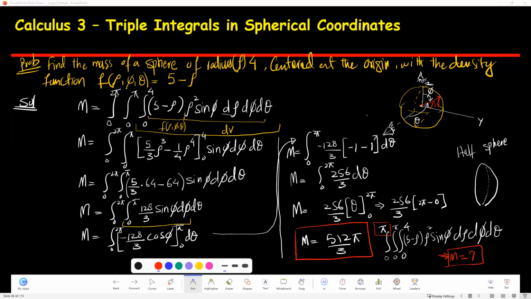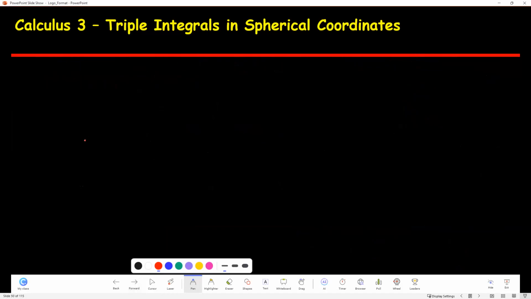Okay, let's look at another problem. Find the volume. Make sure you pay attention. This is volume, the other one is mass.